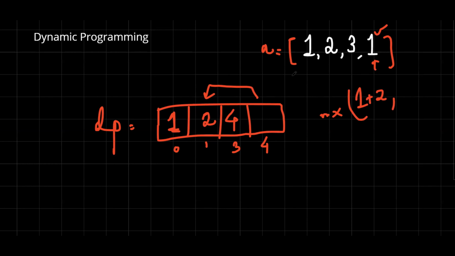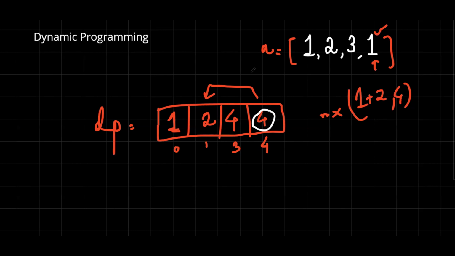For this, the DP of i minus 1 is 4. So the maximum of 3 and 4 will be 4. Finally, we have seen that the last element of this DP array is 4, which is the expected answer of this problem.